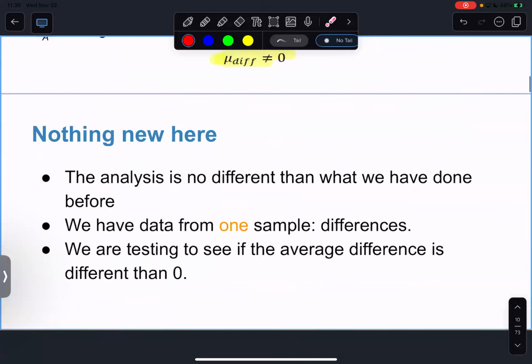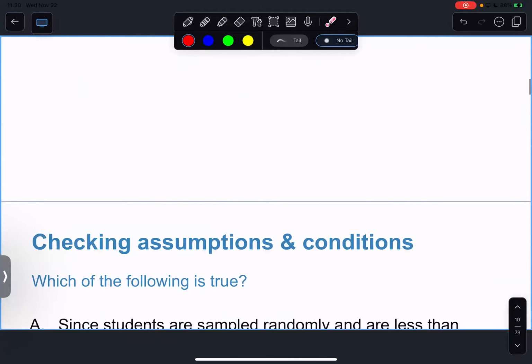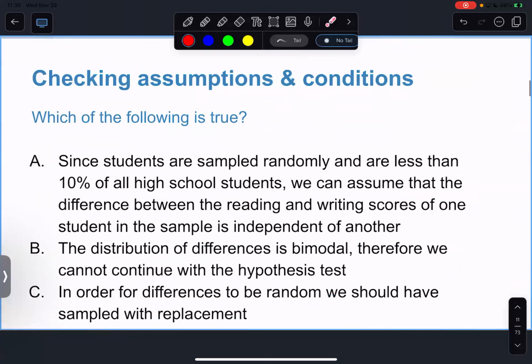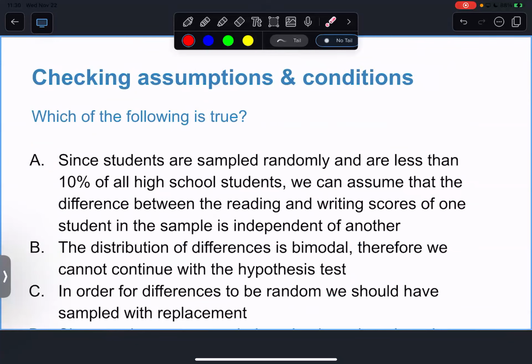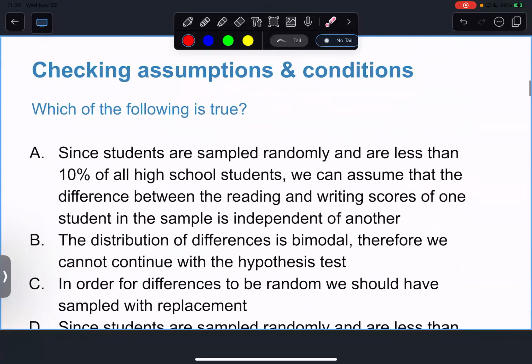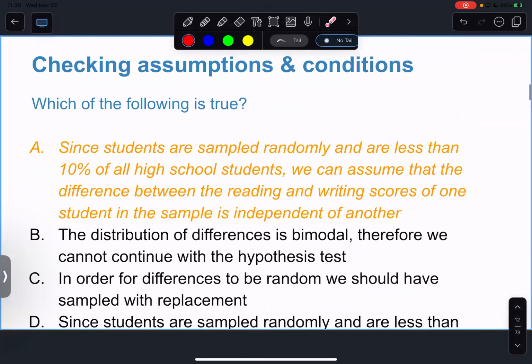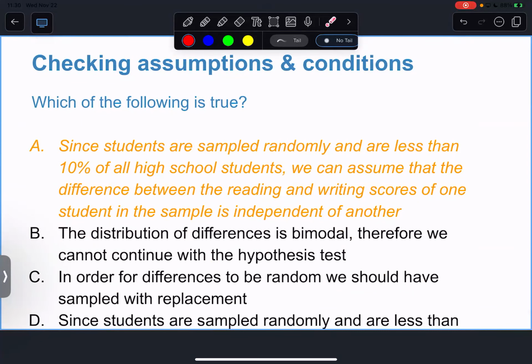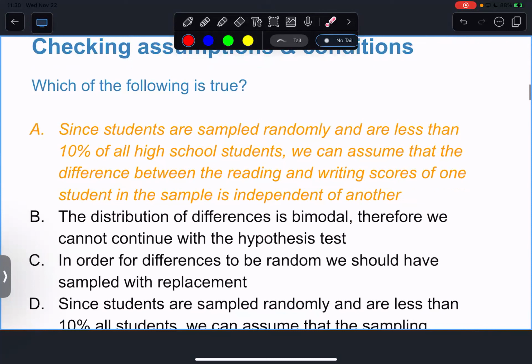But after that, we're checking the assumptions. I'm going to skip ahead. Give you the answer so we don't have to read all those. Since the students are randomly sampled, that touches on our independence.